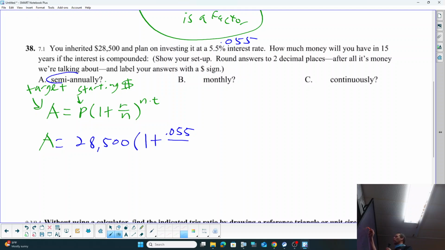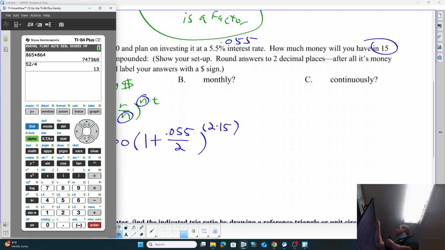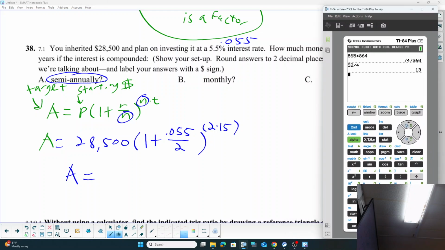Semi-annually is 2, twice a year. And then we have also up here 2, and then times the number of years, 15 years. There we go. So we're going to go ahead and plug that in our calculator, and maybe change it from monthly to 12.